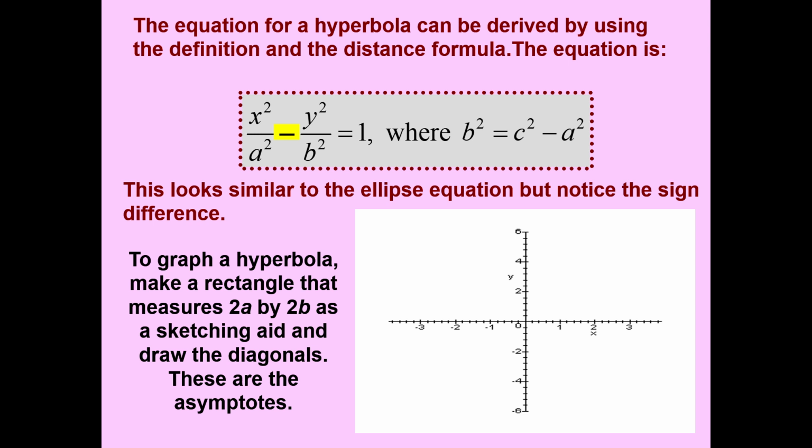Now, to graph a hyperbola, make a rectangle that measures 2a by 2b around the center as a sketching aid to draw the diagonals. They are the asymptotes.